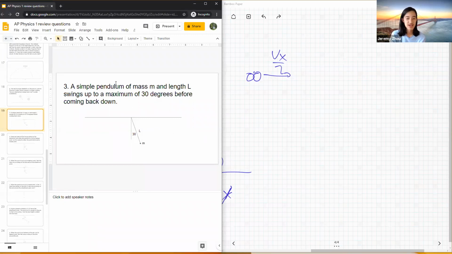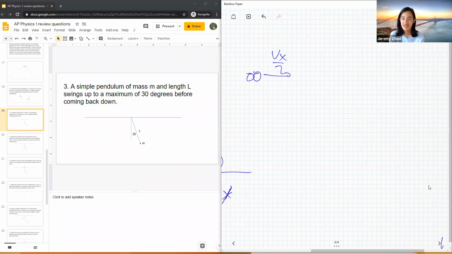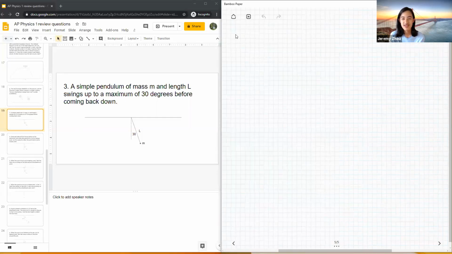All right, so question 3, finally some rotational motion, kind of. So, someone asked me if I can post the work on the website. I can try. I'm not sure how that works yet. I'm not sure if my work is actually explanatory enough to do that.